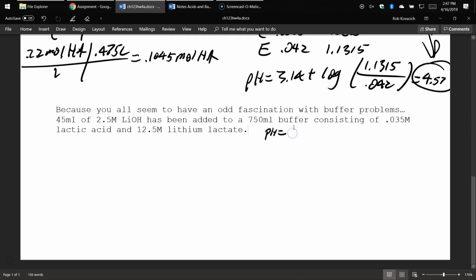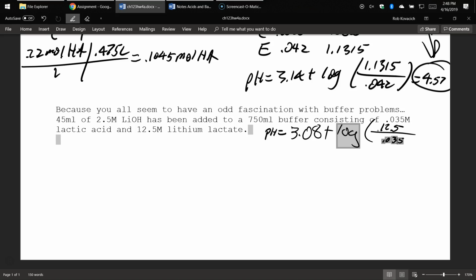And this is 12.5 and 0.035. Just seems weird.